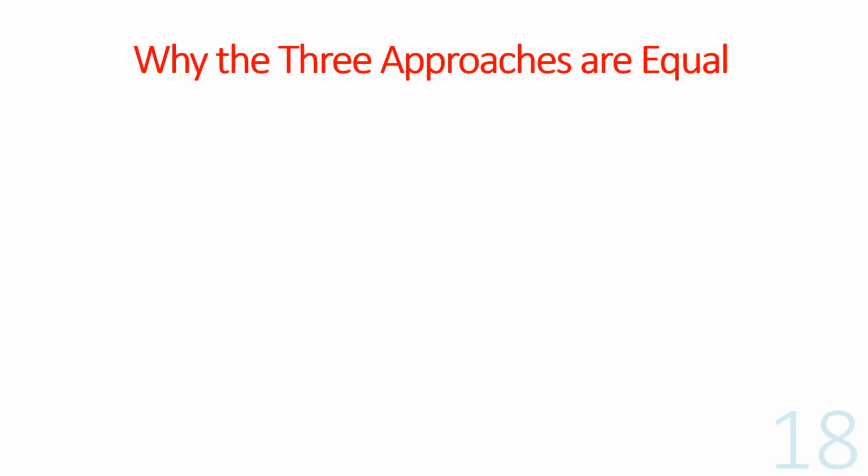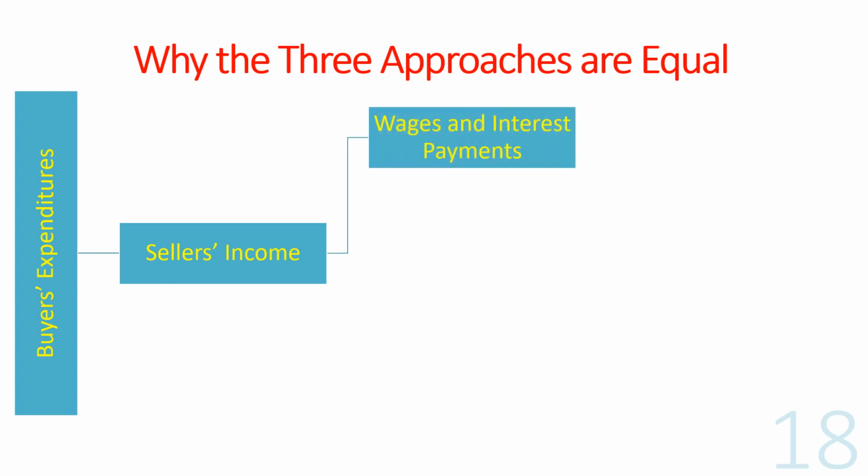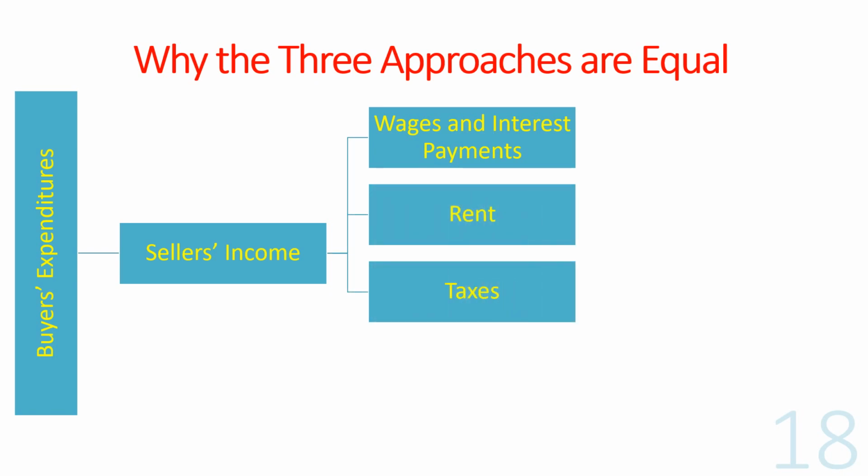Second, observe that what the seller receives must equal what buyers spend, and the seller's receipts in turn are divided into incomes paid to the workers and suppliers, taxes paid to the government, and the profits, which are the incomes left over.